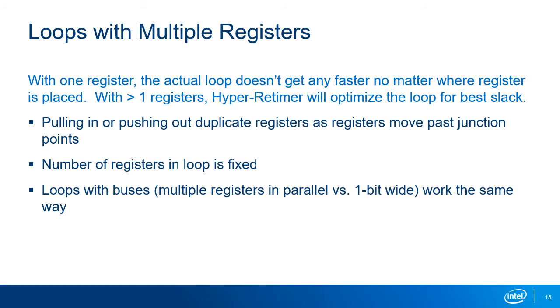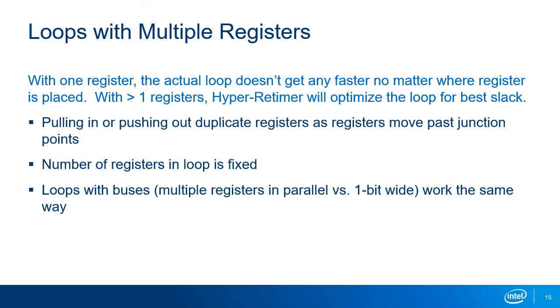If a loop contains a single register, then no matter where the register is placed within the loop, it really can't get any faster. If the loop contains more than one register, then the hyper-retimer will retime the registers as needed for best performance, spreading them out as much as it can to average the delay between them.